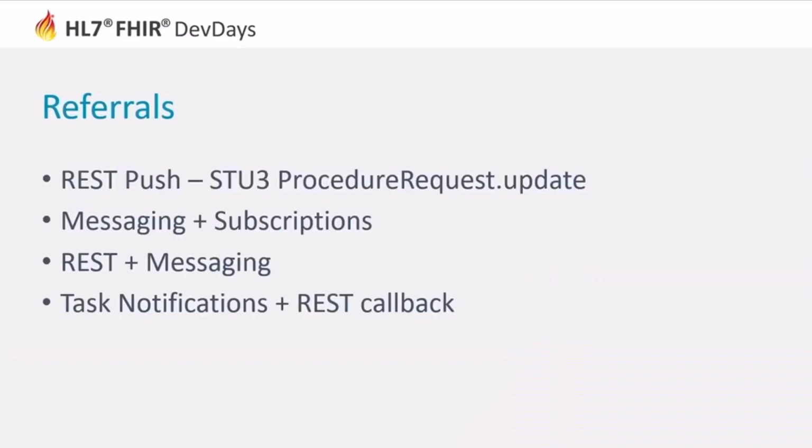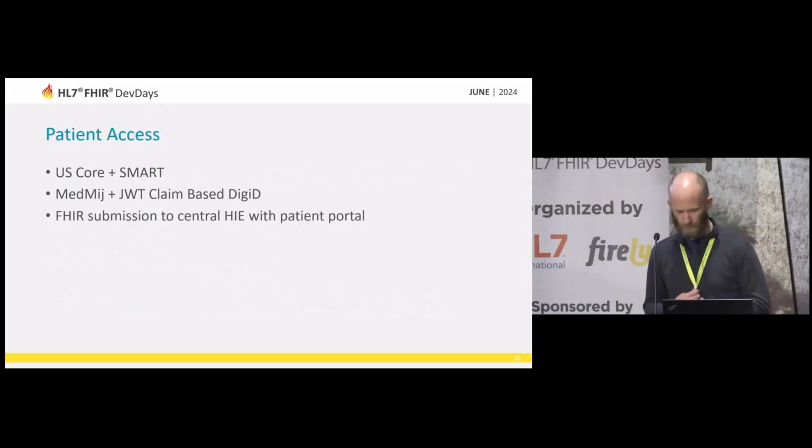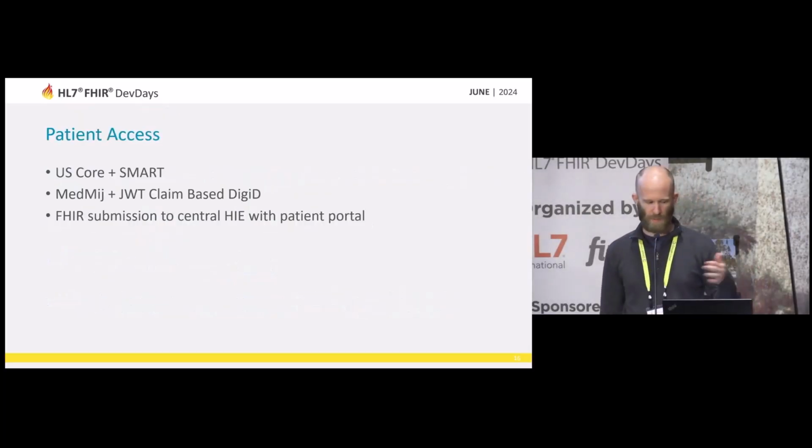We see the same thing in referrals where some folks are using a REST push, like an STU3 ProcedureRequest update, to submit a referral to a system. Some use messaging and subscriptions, or REST plus messaging, or a task notification, or REST callback. Even in the patient access space, we see variations. In the US, we're used to US Core plus SMART on FHIR.